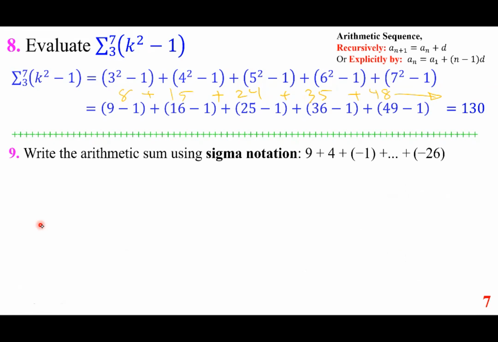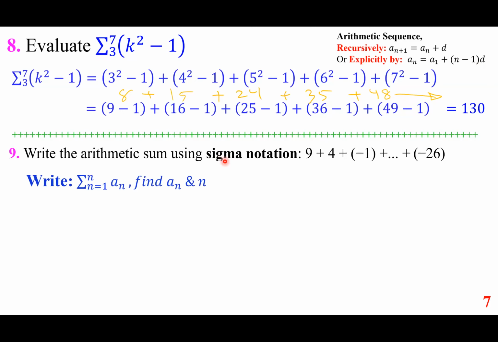Write the arithmetic sum using sigma notation for 9 plus 4 plus -1 all the way to -26. I'm reminding everybody that in the recursive format, a sub n plus 1 is a sub n plus d, and explicitly a sub n equals a sub 1 plus n minus 1 times d. So we want to write it in the form of summation with a sub n, which means we need to find a sub n and n.